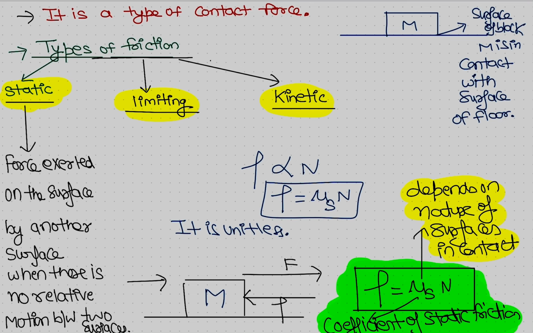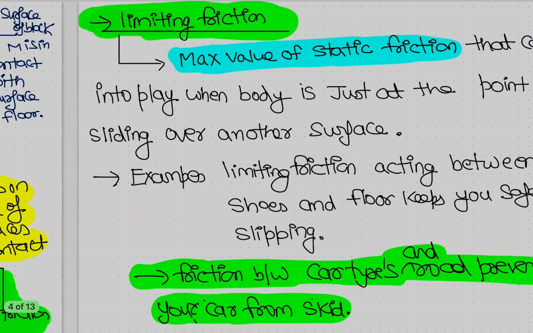If we change the surface, the value of mu s changes. I hope you're getting the concept of static friction here: the force exerted on a surface by another surface when there is no relative motion, which means the particle is at rest. Okay, so let's move on to the limiting friction part.